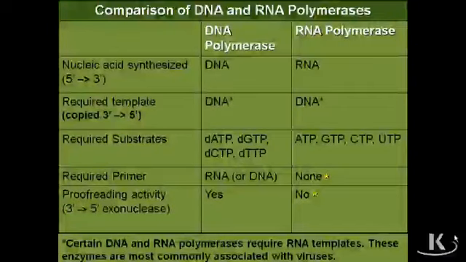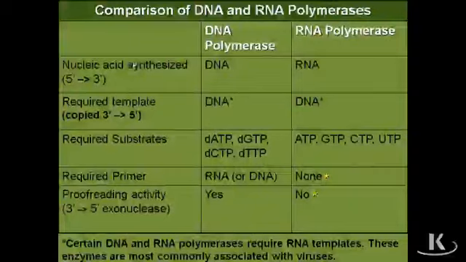So to compare DNA and RNA polymerases, let's look at the following table. You see that the nucleic acid is always synthesized from 5 prime to 3 prime. You see that for both DNA polymerase and RNA polymerase. The only difference is that DNA polymerase is going to synthesize DNA, whereas RNA polymerase is going to synthesize RNA.